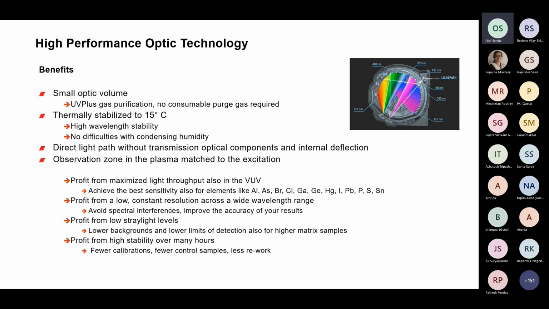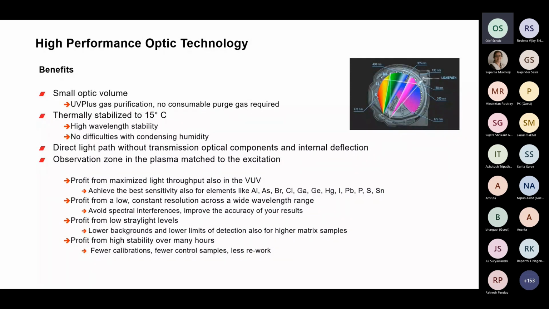For the light detection, 32 CMOS line array detectors are used. The separation into 3 ranges allows for maximum wavelength coverage, while maintaining high sensitivity, including the UV and the VUV spectral range, and a high resolution over the entire wavelength range.